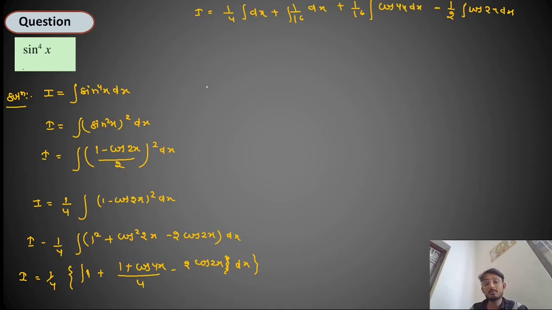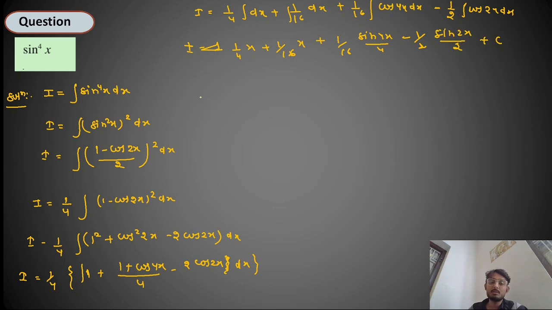Now find the integration of all these terms. I equals 1 by 4 integration of dx equal to x, integration of dx equal to 1 by 16 x, plus 1 by 16 integration of cos 4x equal to sine 4x upon 4, minus 1 by 2 integration of cos 2x equal to sine 2x upon 2, plus c.